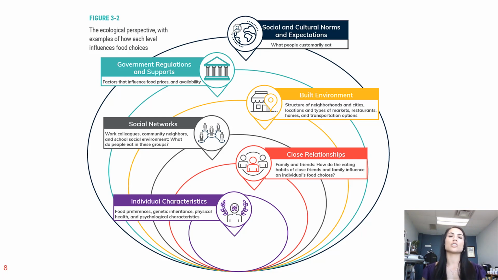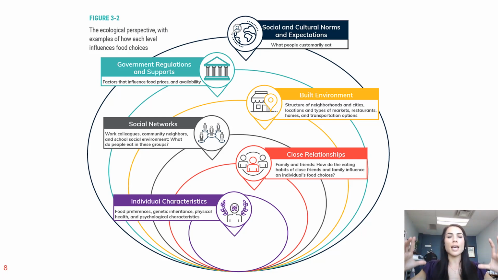And so this is a nice visual of what this ecological perspective includes. At the very bottom in purple, what you have is individual characteristics. Let's take health behavior change. We know that individuals are going to have certain food preferences, some genetic inheritances, some genetic physical things that are happening, and even some individual psychological characteristics.